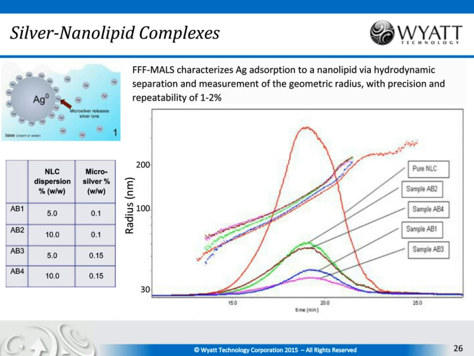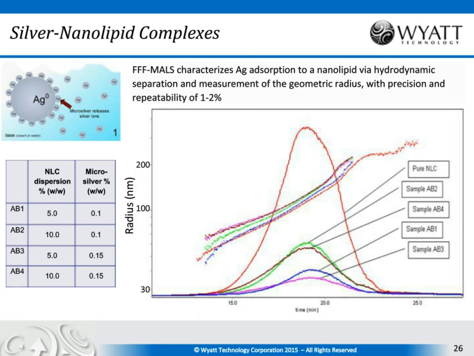And so what was done was a separation on field flow fractionation, using MALS downstream as the sizing technique, and you can see that depending on whether you have pure nanolipids or different amounts of microsilver bound, you can see very clearly very small changes in the size, on the order of a couple of percent in the size due to the different formulation conditions.